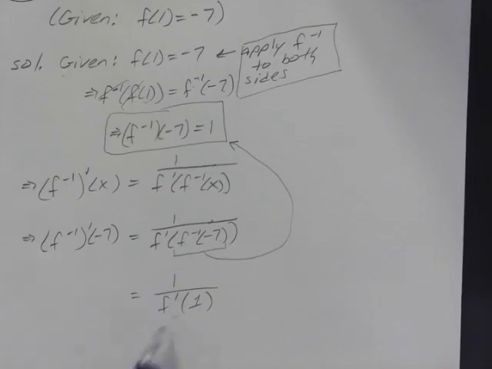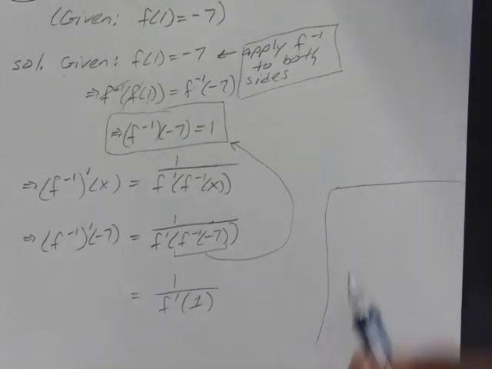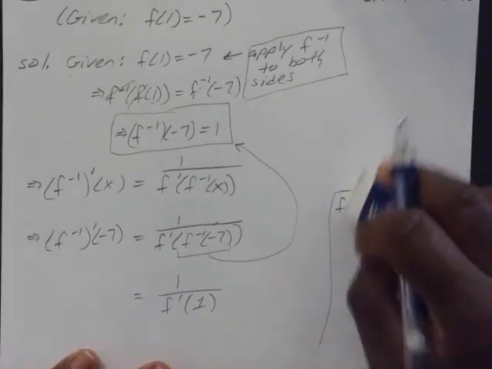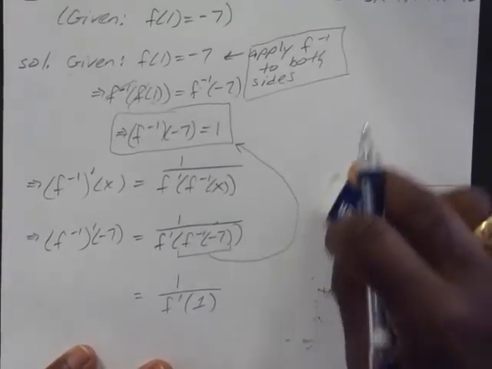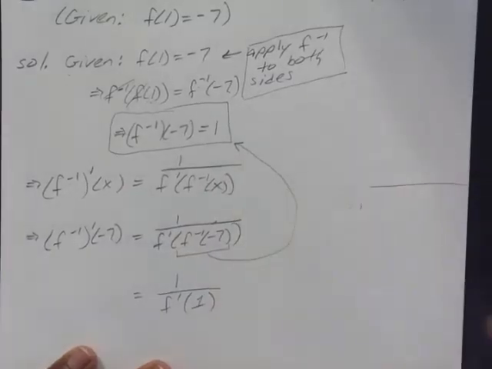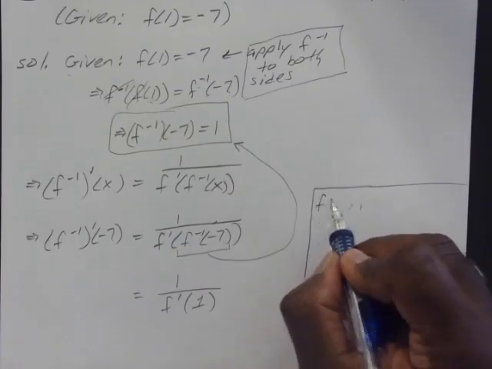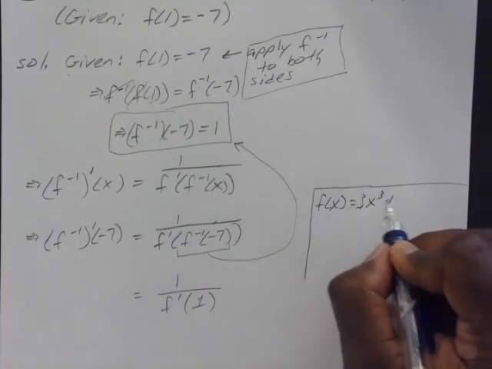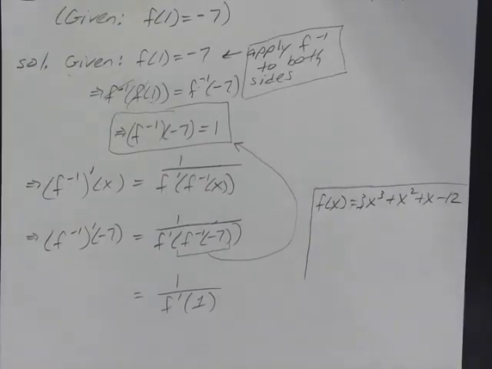So again, we have to find f prime of 1. We know that f of x is equal to 3x to the 3rd power plus x squared plus x minus 12.